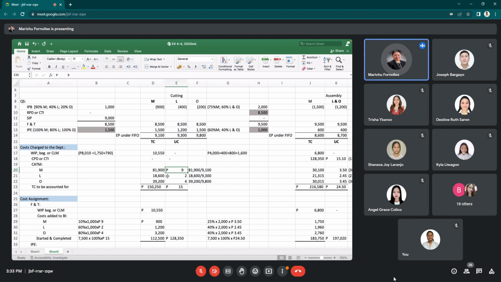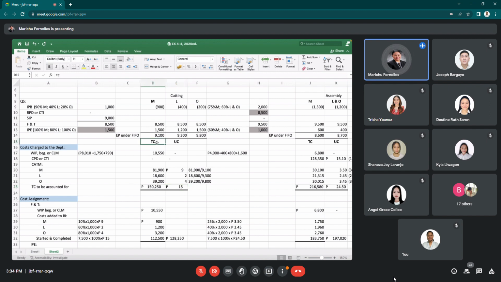For labor, it would be labor cost this month, 18,600 divided by EP for labor, 9,300 equals 2 pesos. For overhead this month, 39,200 divided by EP for overhead, 9,800 equals 4 pesos. Add the 3 unit cost. So 9 plus 2 plus 4 equals the unit cost to be accounted for at 15 pesos.